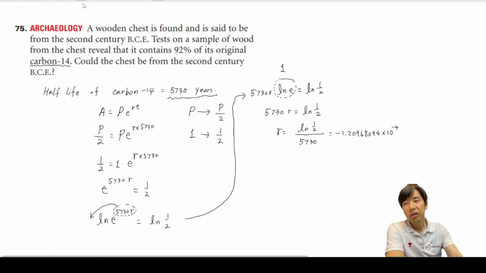Now you can complete this expression with the decay rate. So finally, we arrive at this. A is P times e to the power of negative 1.20968094 times 10 to the negative 4th, times T.